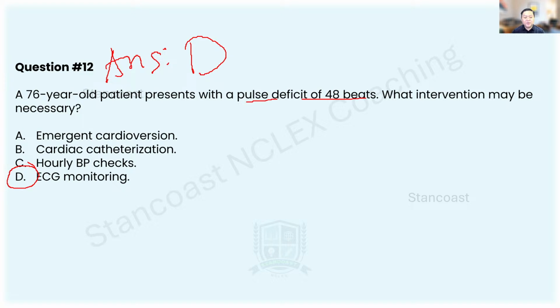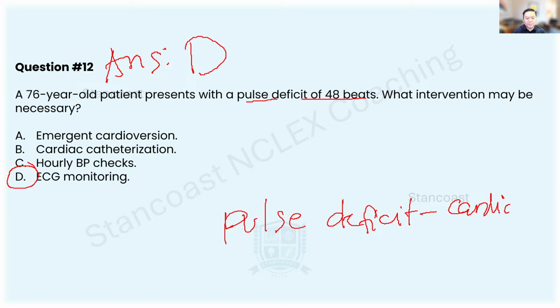And so if there is that deficit, this is basically suggesting a dysrhythmia. So we want to make sure that we are placing the patient on continuous cardiac monitoring. Pulse deficit signifies cardiac dysrhythmia.